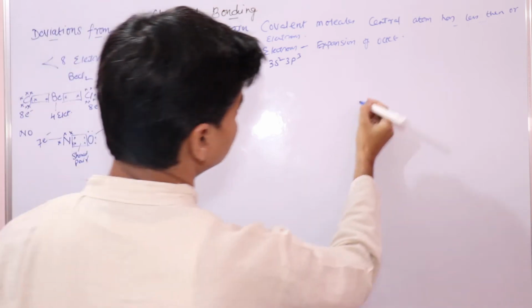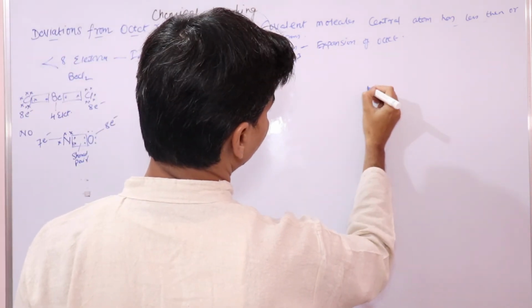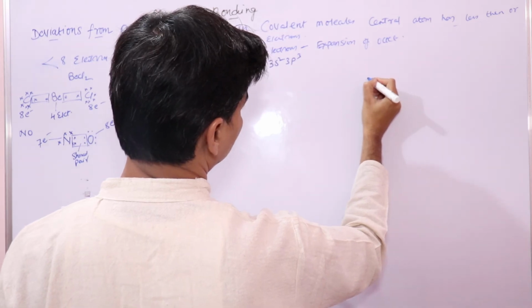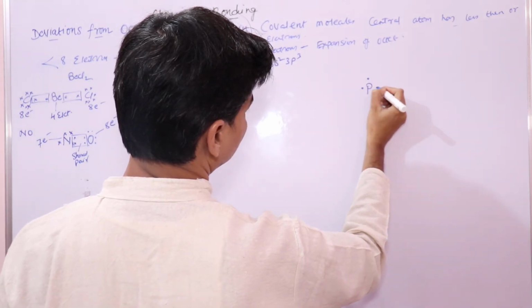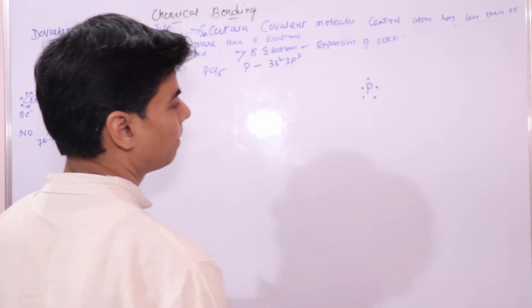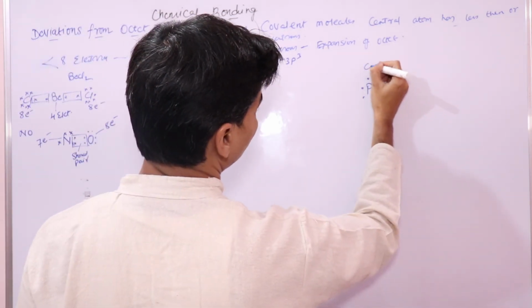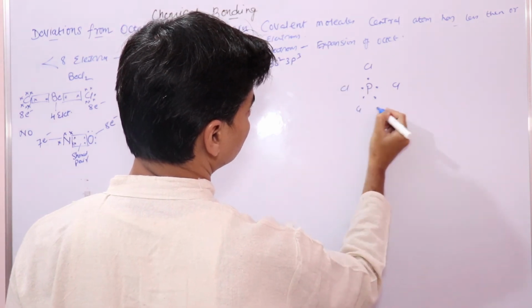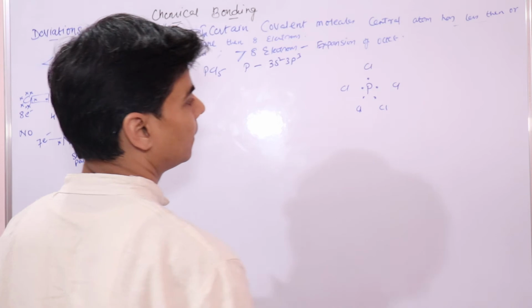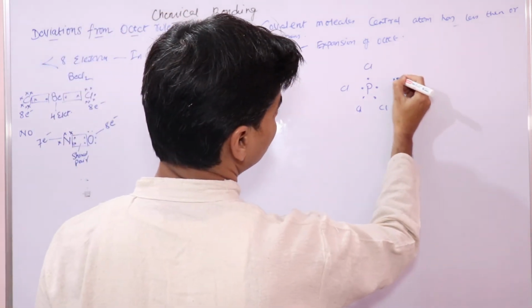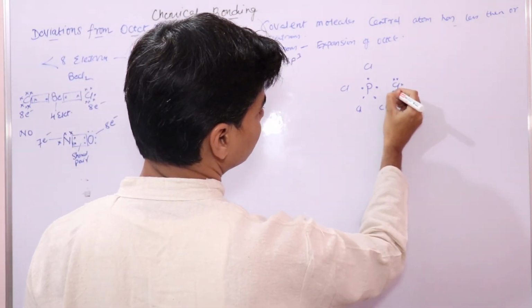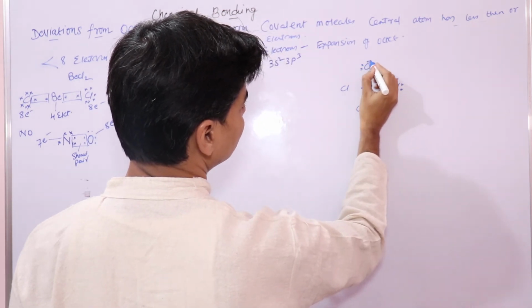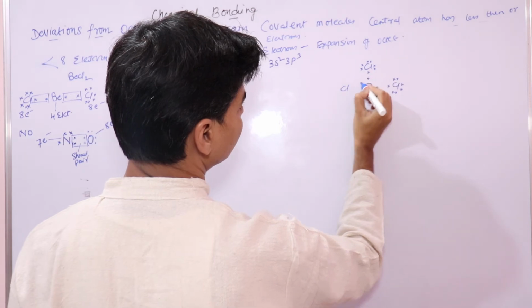So let's draw the structure. This is phosphorus, with 5 outer electrons. And the chlorine atoms: chlorine has 1, 2, 3, 4, 5, 6, 7.